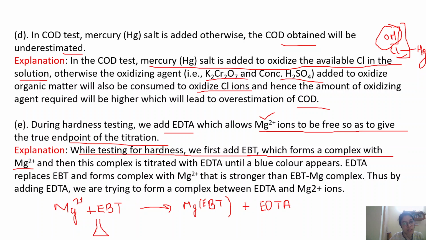our sample is taken which contains Mg2+. In this we add EBT. So here a complex is formed which is the magnesium EBT complex. On titrating this complex with EDTA, blue color appears. What happens? Because EDTA is stronger, it replaces EBT and forms the magnesium EDTA complex.